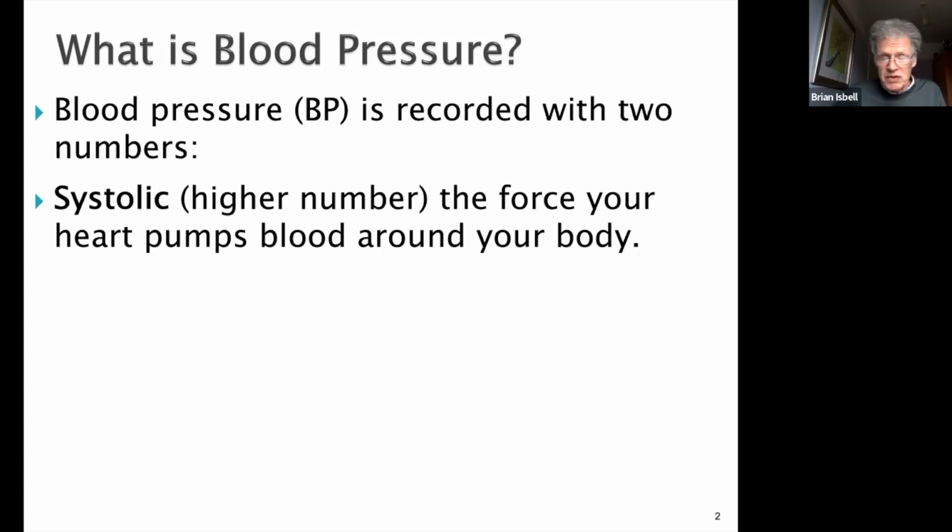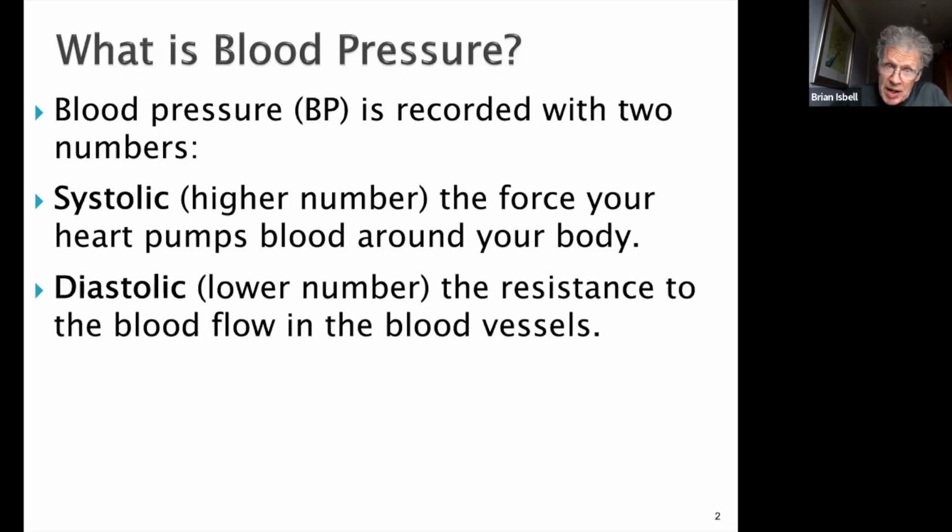It's the higher of the two numbers. As you probably guessed from the word systolic, it's to do with the force that's required by the heart to pump blood around the body. So it's really to force the blood through your circulatory system. That's called the systolic blood pressure, and it's the higher number of the two numbers that are used to record blood pressure.